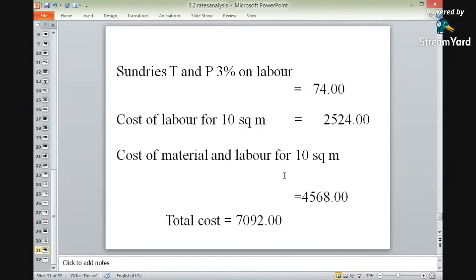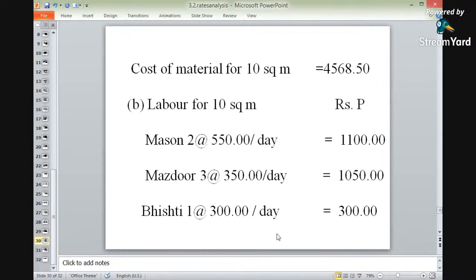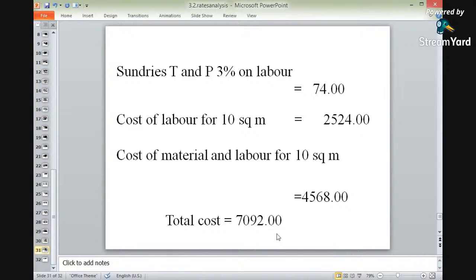The cost of materials and labors, with both added together: materials 4568 added with labors 2524 comes to 7092. So 4568 is nothing but the cost of materials, 4568 plus 2524, yes, 7092.